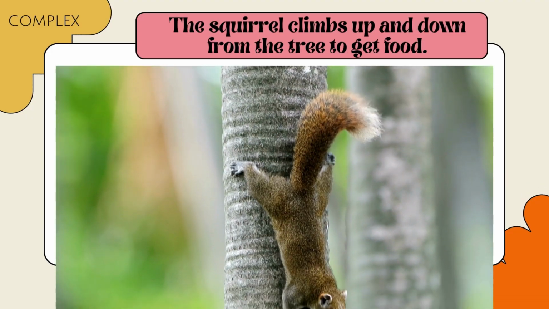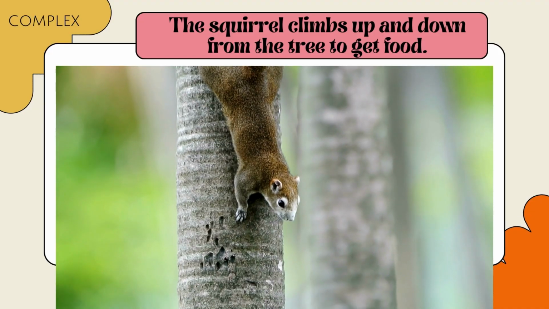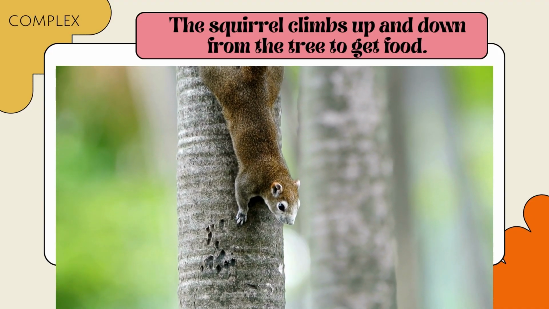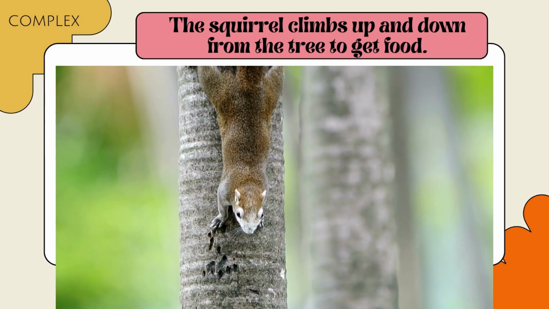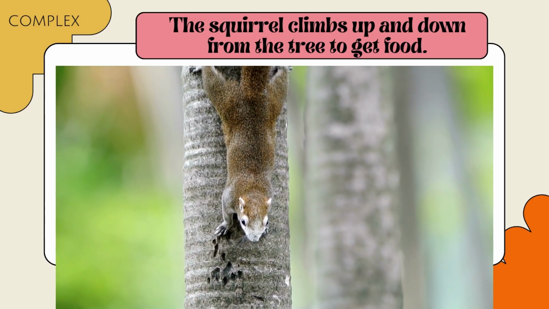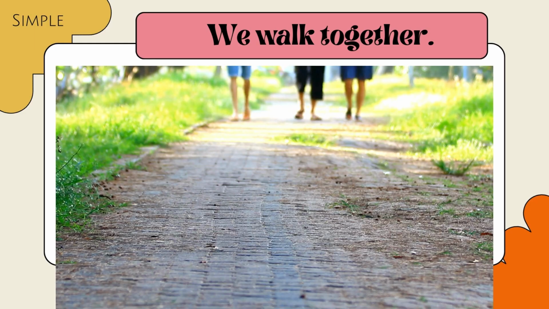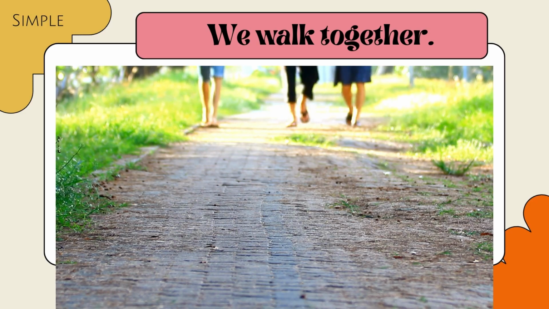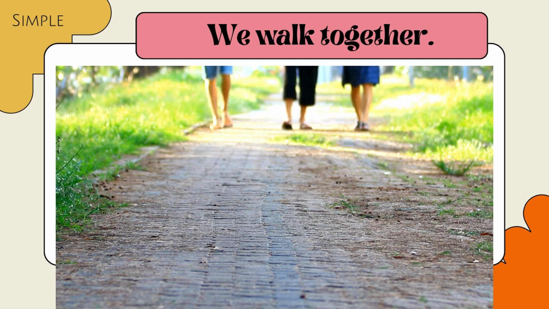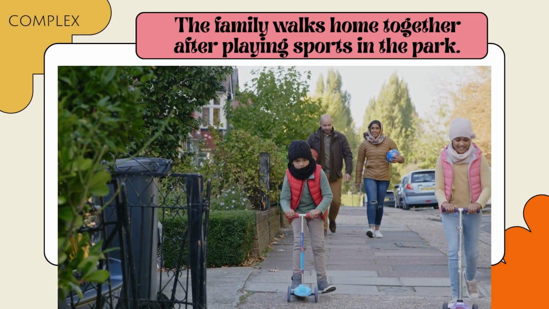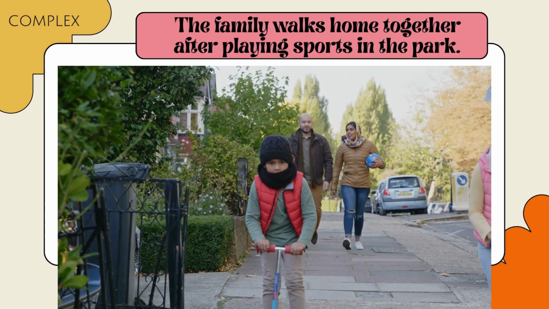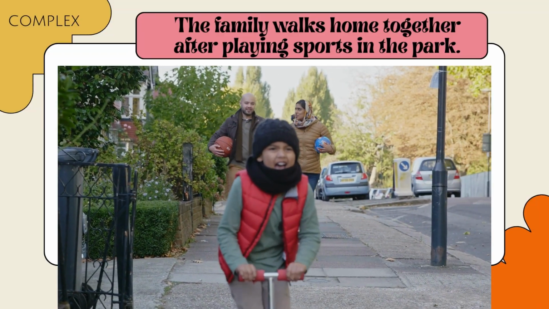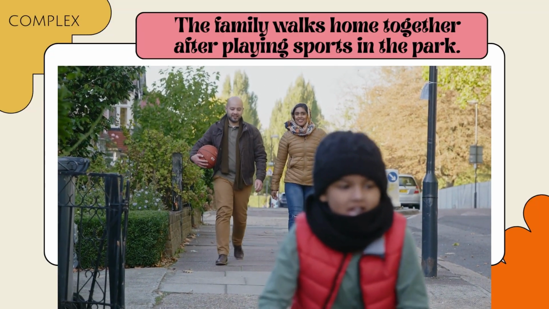To be more specific, we could say, the squirrel climbs up and down from the tree to get food. We walk together. A more complex sentence could be, the family walks home together after playing sports in the park.